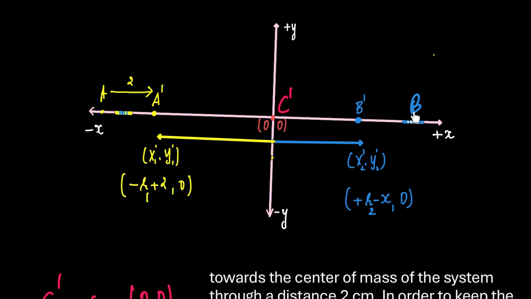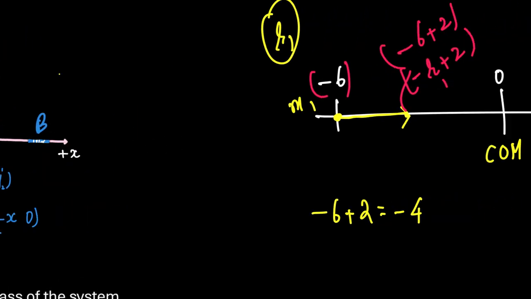Correspondingly, since B is moving towards the center of mass along the positive x-axis, the earlier position of B was r2, the new position would be r2 minus, not x1, it is some random value x. Okay, so you may have a doubt here as well. Let us try to understand that part. So say this is the origin, and we have the original position of mass m2 at B. Now m2 has shifted some position along the x-axis.